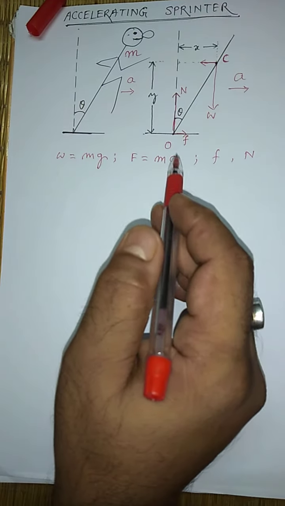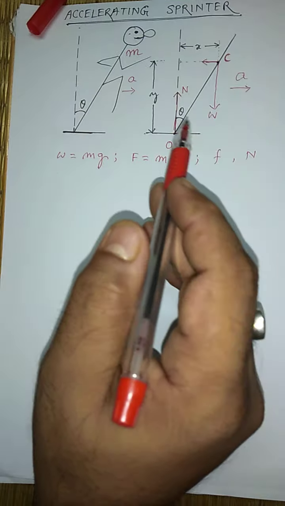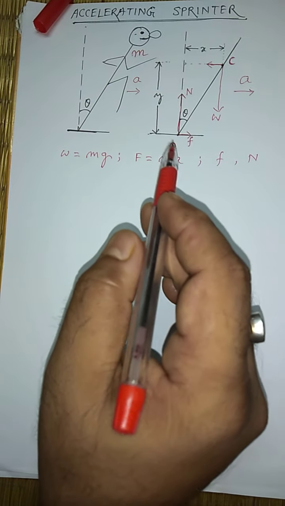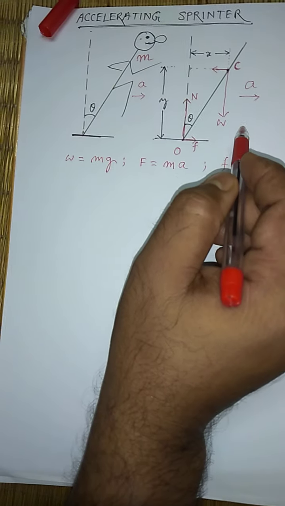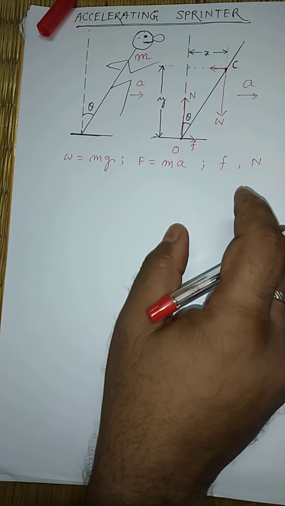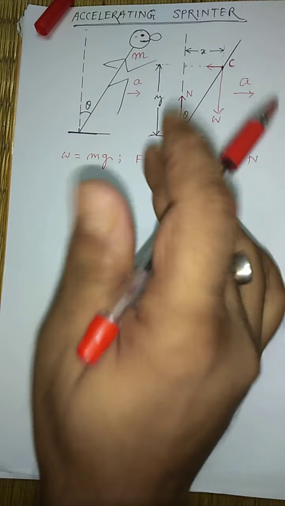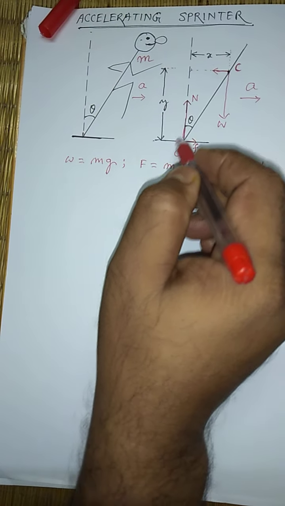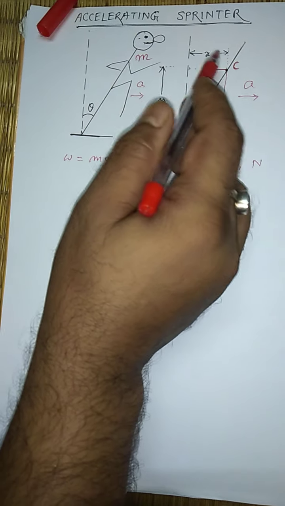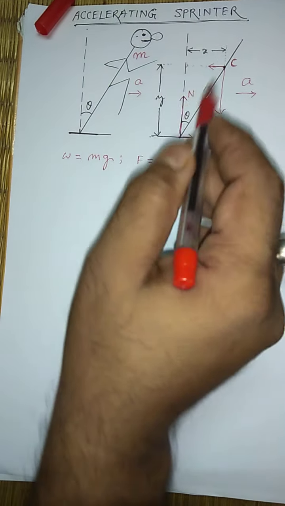Let us consider that the moment of a force which tends to rotate the sprinter in the clockwise direction is positive, and the moment of a force that tends to rotate the sprinter in the counterclockwise direction is negative.